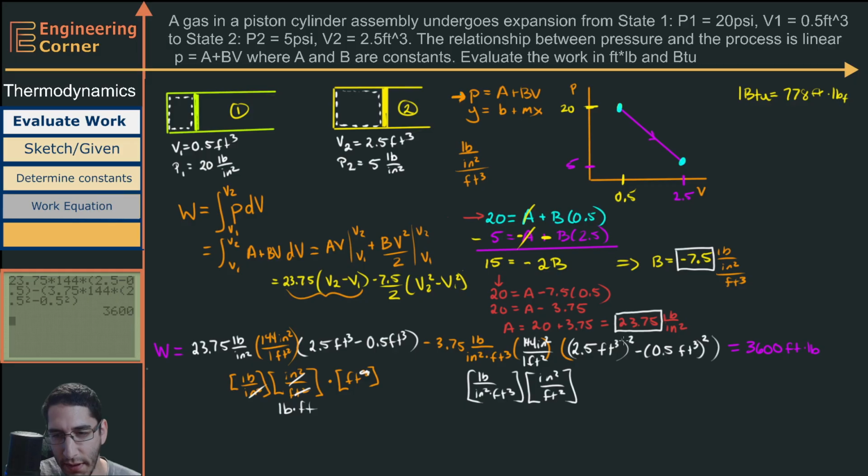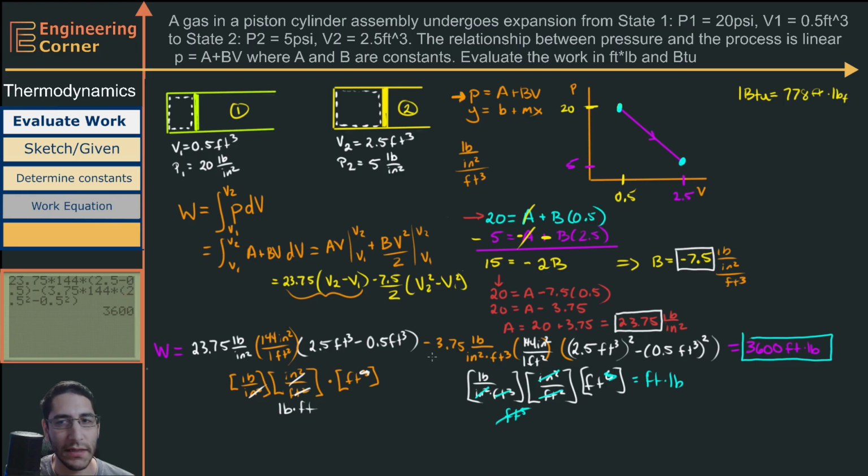And then really this is feet to the 6th, right? Because we're still squaring this. So what happens here? We're going to have inches squared, inches squared. These cancel. So we have feet to the 5th over feet to the 6th, and 5 of them cancel out. And again, we have a foot-pound. So my units work out. Okay, so this is my answer in foot-pounds.